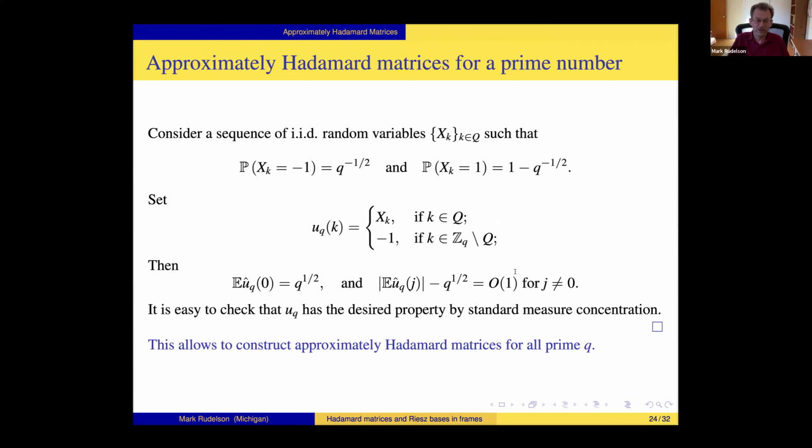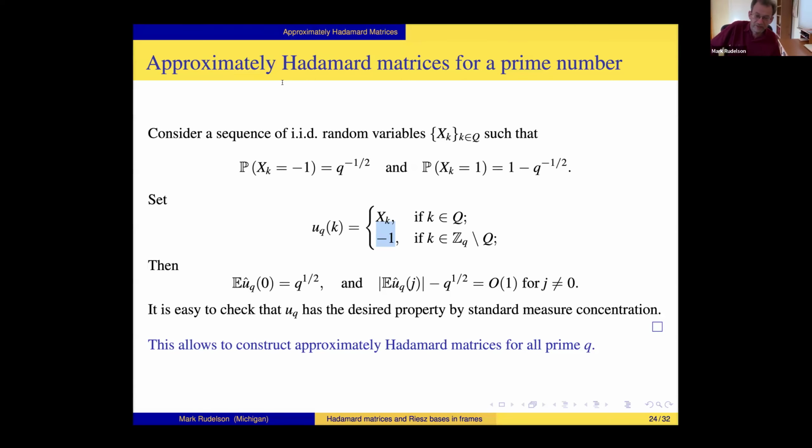Changing the Fourier coefficient at 0 is more difficult. And here is the point where the probability comes in. So let's take the new sequence of coefficients, this u_q. We keep -1 as the Legendre symbol for quadratic non-residues.